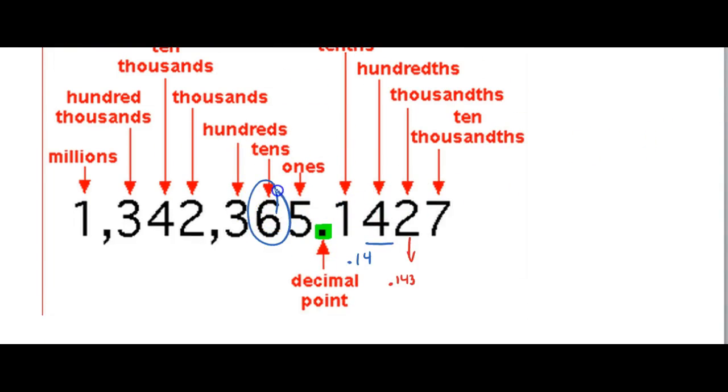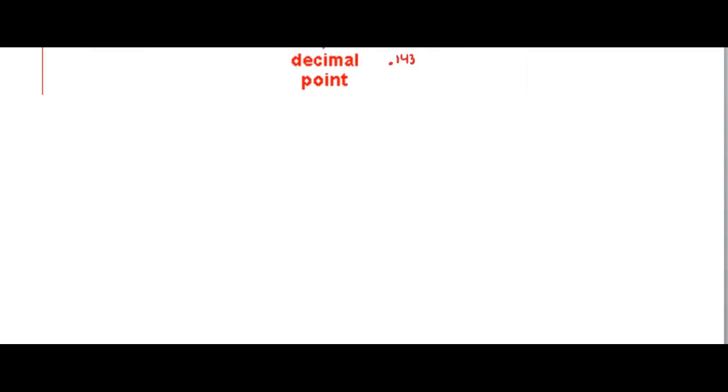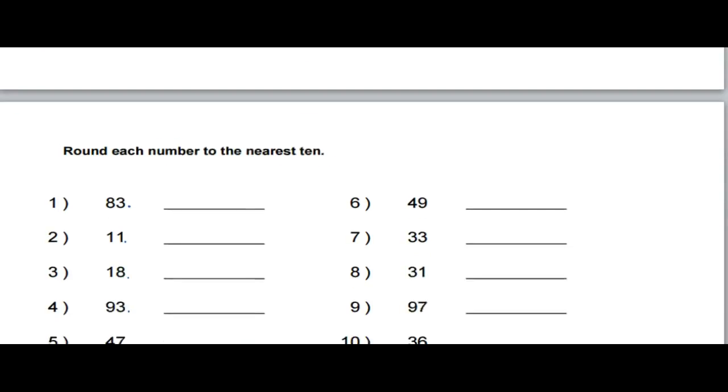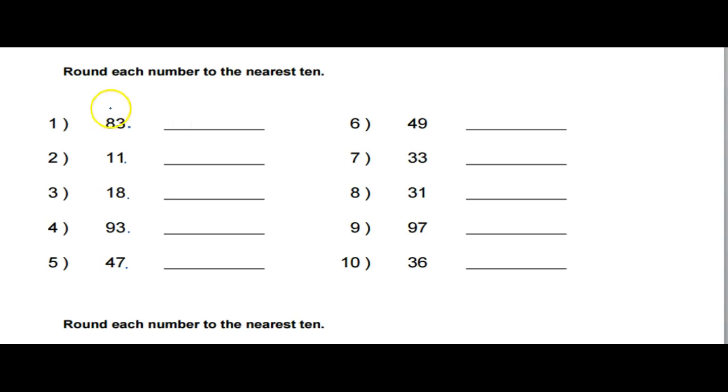So I know I'm rounding to this digit here. When I look at these, 83, to round that to the nearest tens, this is my tens place. The number to the right is less than 5. Therefore, I round this down to 80.